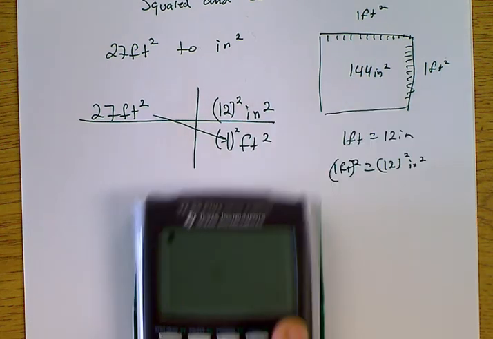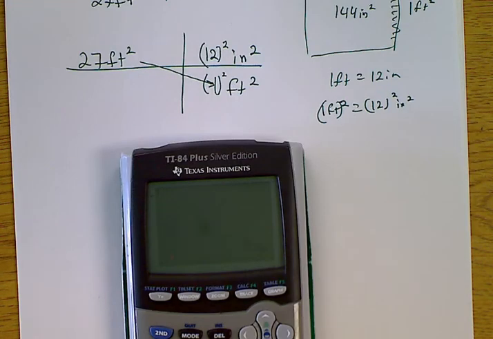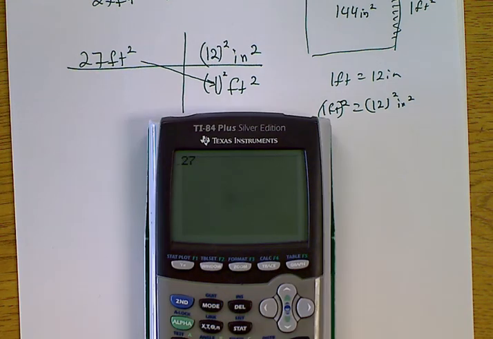All right, let's go ahead and take the calculator right here, and I'm going to multiply the top. So I'm going to go 27 times, I'm going to use brackets here, 12 squared, right? So that's my top line right there. And then I'm going to go divided by 1 squared, even though we don't really need the 1 squared in there.